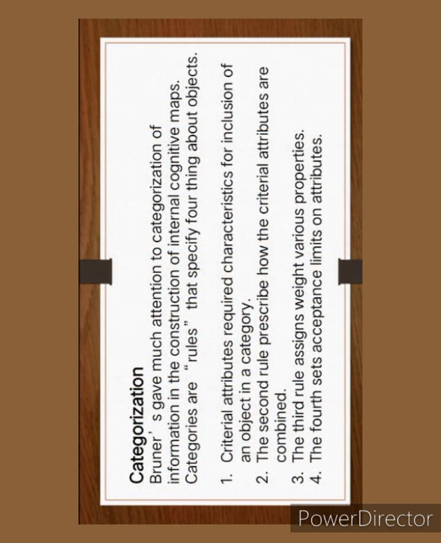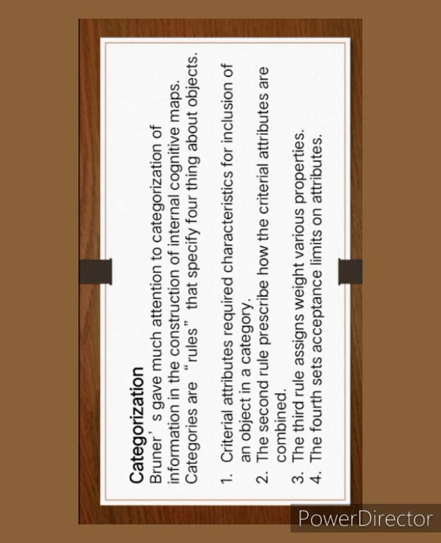Okay, so let's move on to categorization. Bruner gave much attention to categorization of information in the construction of internal cognitive maps. Categories are rules that specify four things about objects. Bruner highlights the role of categorization in organizing information and making sense of the world.